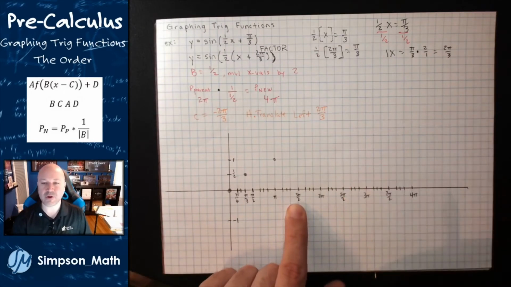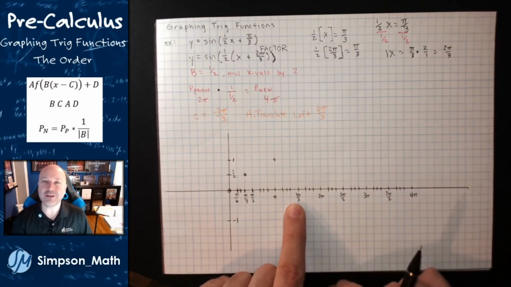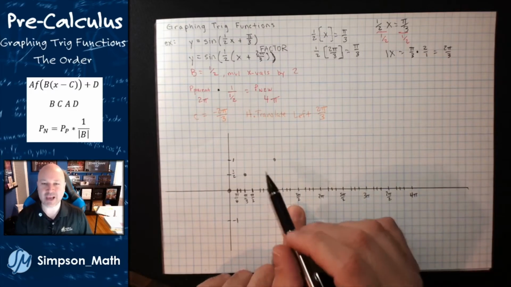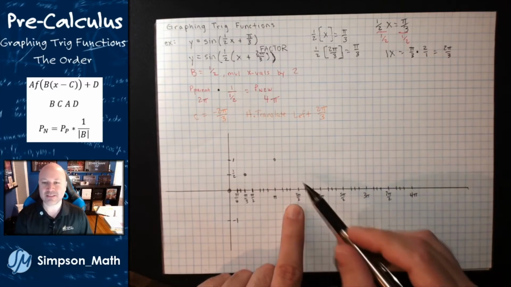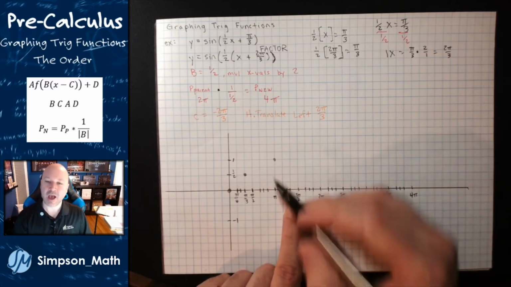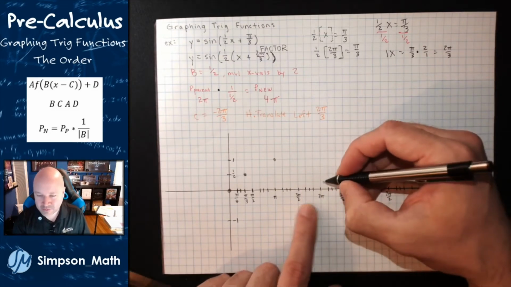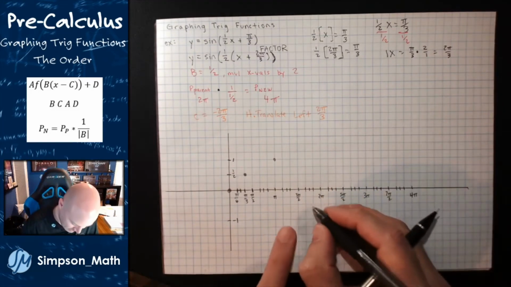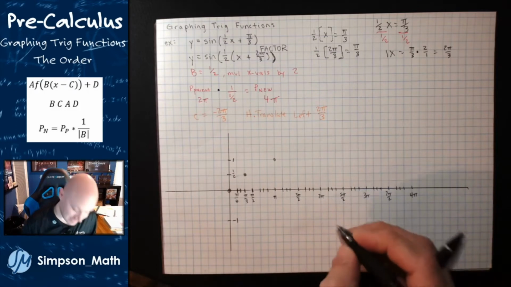Now that I have those 3 points, I don't really need to do any more multiplication. I can just use the fact that this sine wave is so symmetrical. I know the next value will be that third. Let's see. Should probably label my axes.